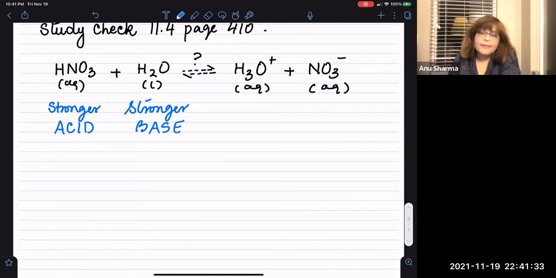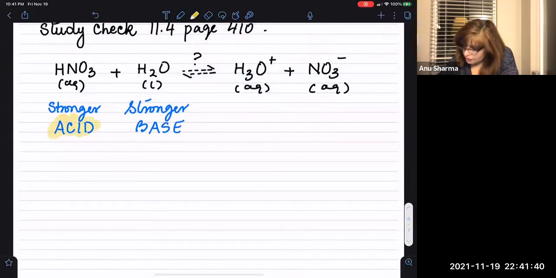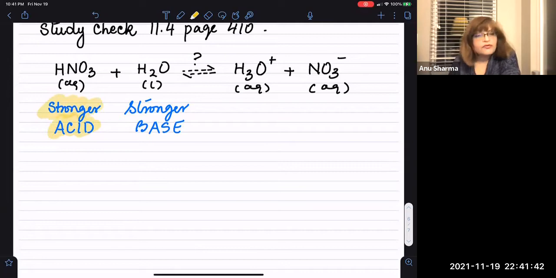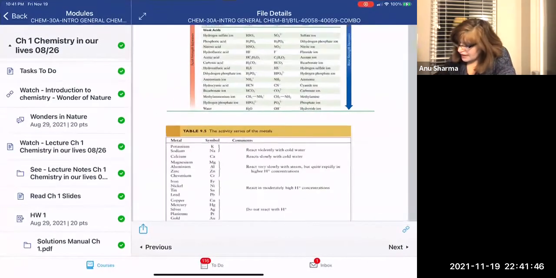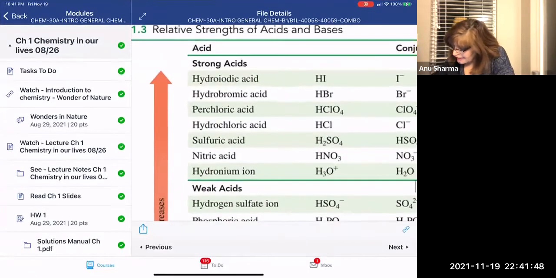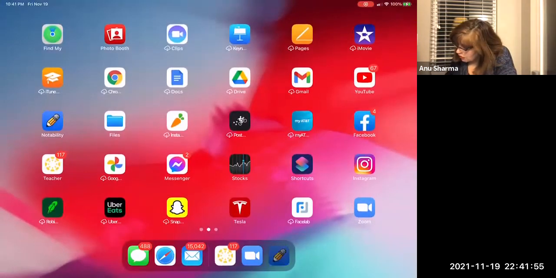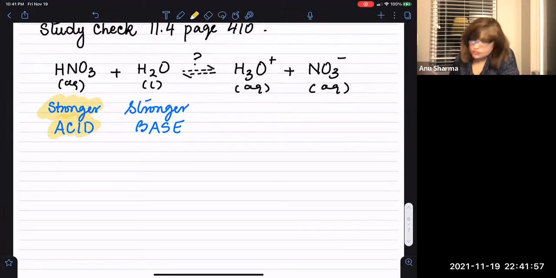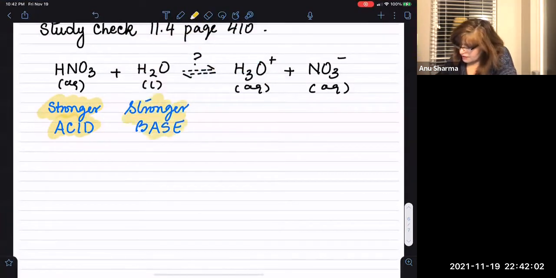Okay, comparison. So if you identify the acid and you see it's a strong acid, how do we know it's a strong acid? You look in this table here, and nitric acid is right there towards the strong acid side. So if nitric acid is strong, the other one is also going to be strong. That's just given. So the base is also going to be strong, in other words.